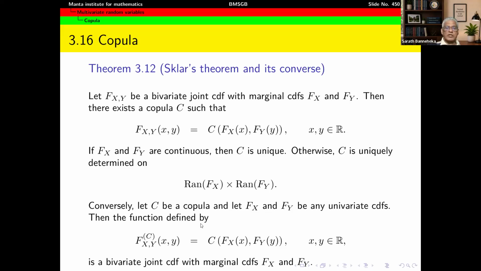And then we will show the converse, that when we apply this Fx and Fy into any copula, you will get a joint distribution function of X and Y with marginals. The marginal CDFs are the actual marginal CDFs of X and Y. Right.